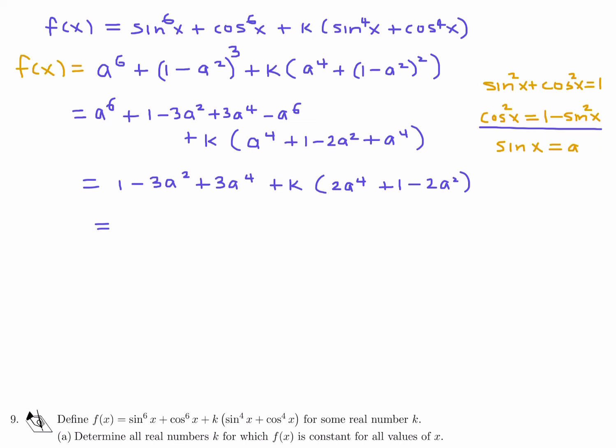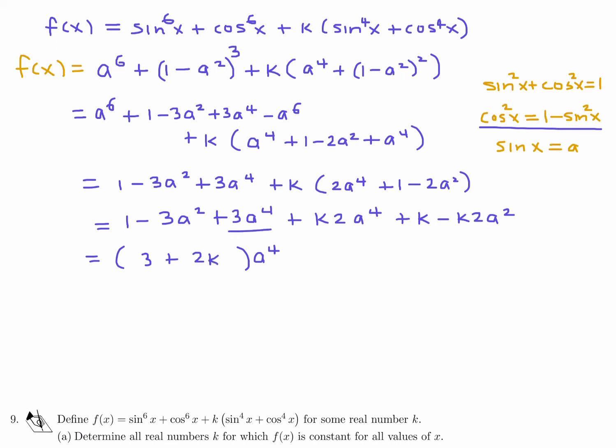Now let's put this all out in terms of one big long equation, and then we'll try to collect like terms in terms of powers of a. So k times 2a squared, like that. All right, so let's collect powers of a to the 4th. What's going to be the coefficient? Let's see here. I bet it's 3 plus 2k, right? This guy and this guy. And then a squared, let's collect those coefficients.